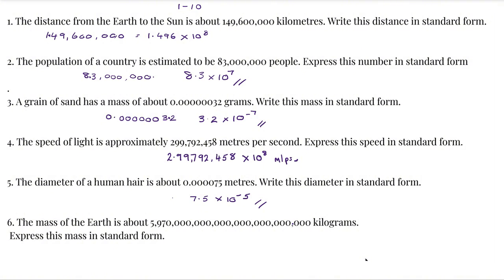It's moved 3, 6, 9, 12, 15, 18, 21, 22, 23, 24. So it's moved 24 times to get our decimal point here. So now we've got 5.97 times 10 to the power of 24.